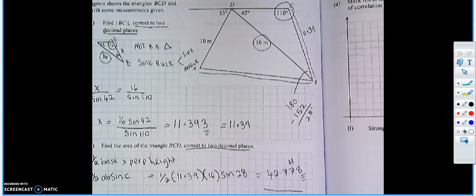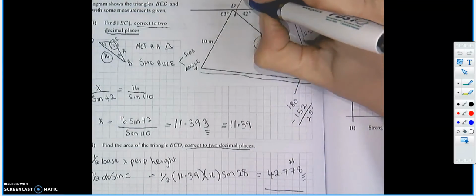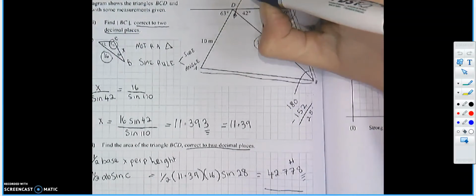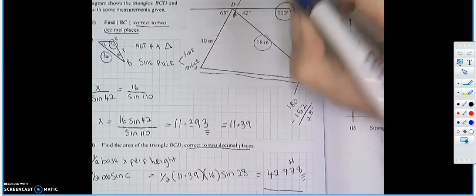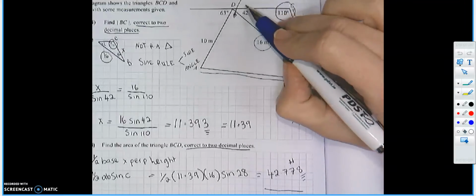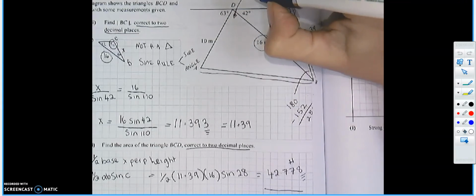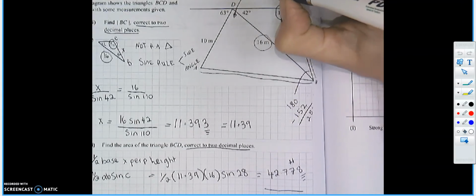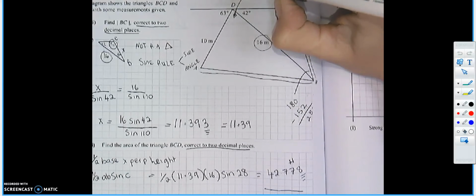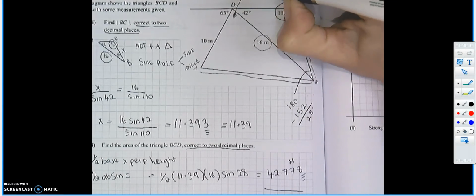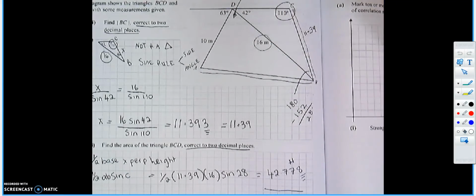The answer is no. Are there any angles you can work out for it? You can work out this angle. This angle is 180, because your whole straight line is 180, take away 63 and 42, which makes 105. So that angle is 75 degrees.